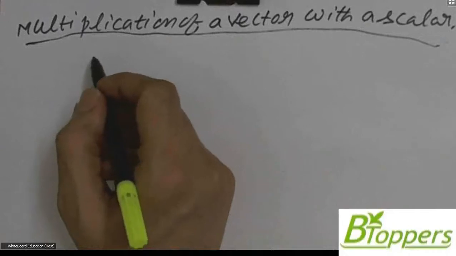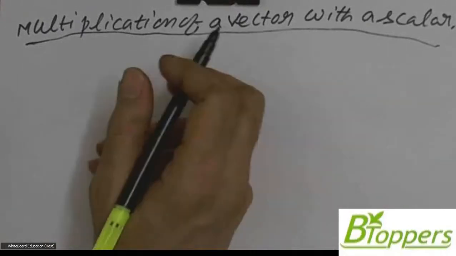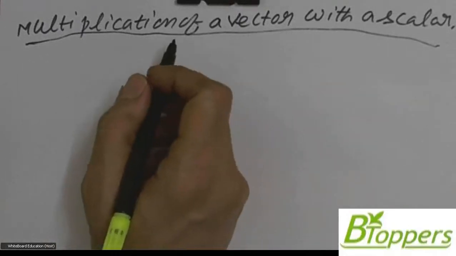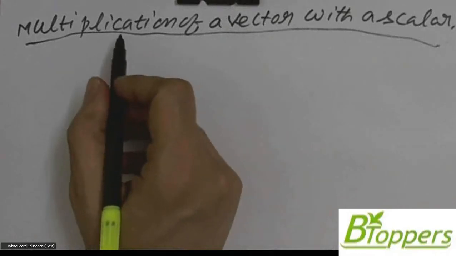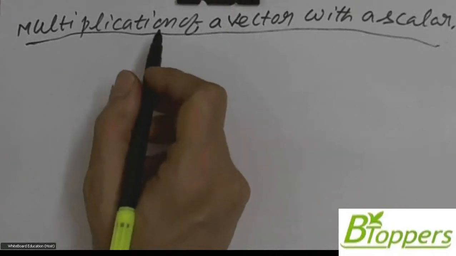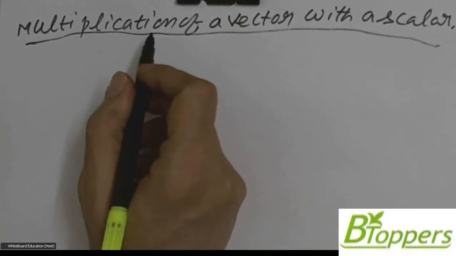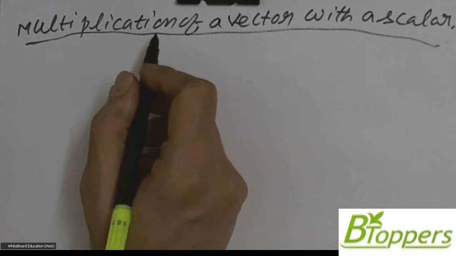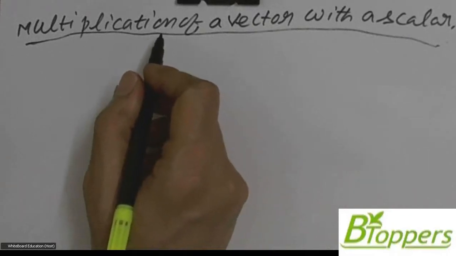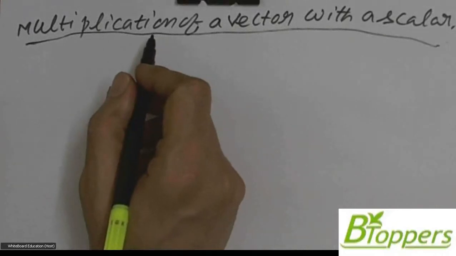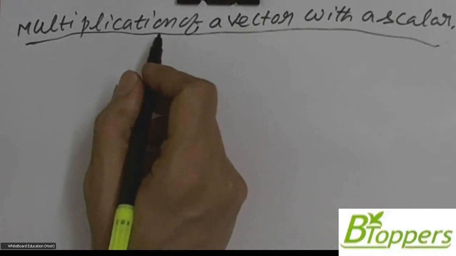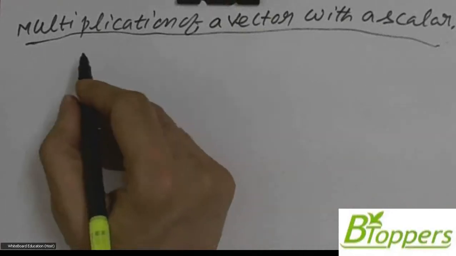Next I am going to discuss multiplication of a vector with a scalar. In general, if a vector is multiplied with a scalar, we get another vector. If a vector is multiplied with a positive real number, or a positive scalar, then we get another vector which acts in the same direction.